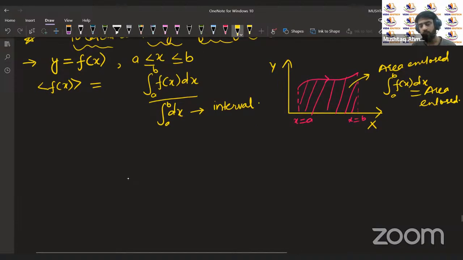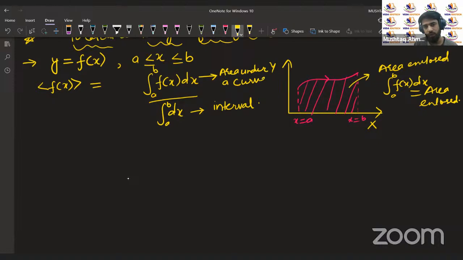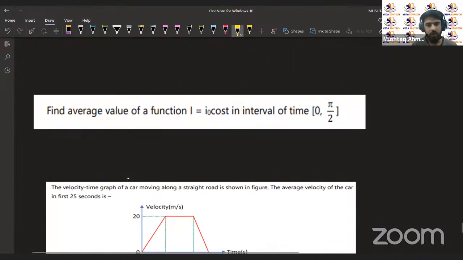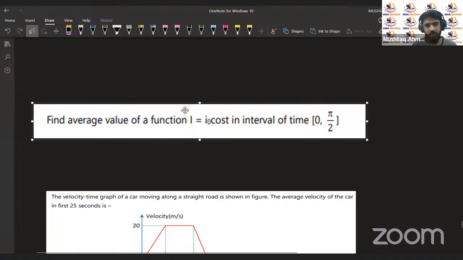That's how we calculate the average of a function and what it actually represents. So this part represents the area under the curve between the intervals a to b, and this represents the interval.